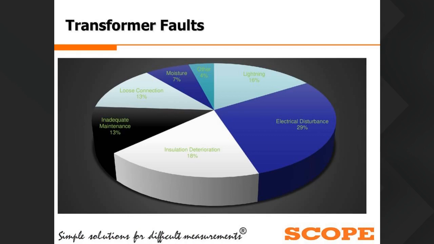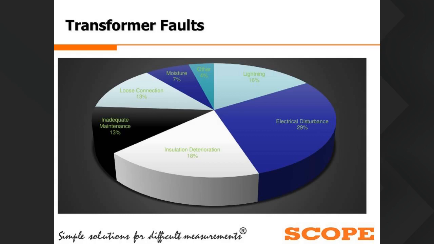I have taken some data from an IEEE paper, and here you can see the major reasons for transformer failure or transformer faults. About 29% of transformer faults are due to electrical disturbances, internal or external. Insulation deterioration, the failure of transformers or creation of fault, is 18%.